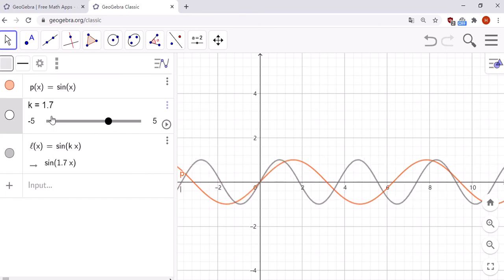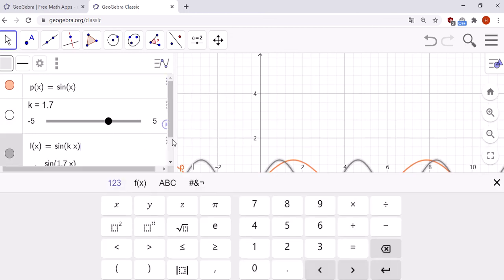When k is 1.7, this is more than 1, so we can see the period is decreased because 1 over k is less than 1. Now we can check this critical point.